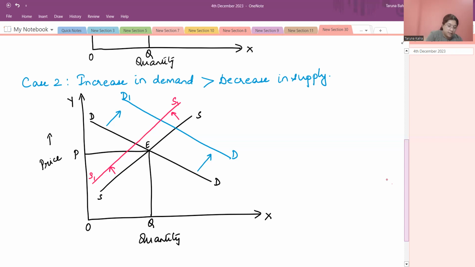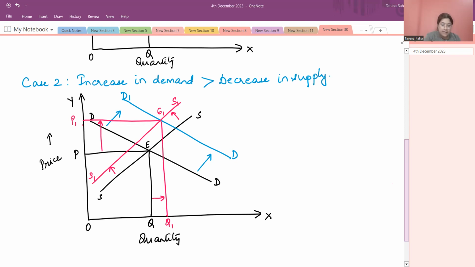Now see, the new equilibrium, where the new demand curve and new supply curve intersect, is at point E1. At this point our new equilibrium price is OP1. That means if we compare it with the previous price, it has increased. And your new equilibrium quantity has also increased to OQ1. But you see that the increase in price is greater than the increase in quantity.